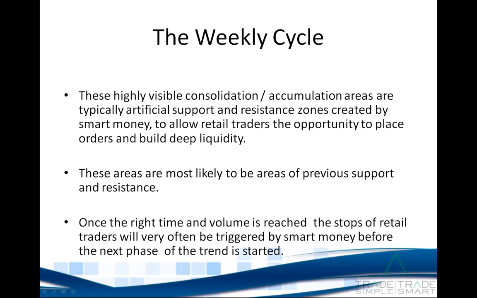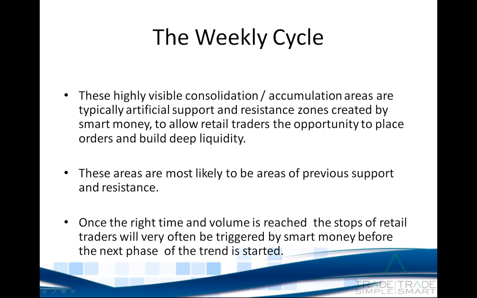And we've looked at several examples of this. Now, these areas are most likely to be areas of previous support and resistance. And when we get to our section on identifying manipulation levels, we're going to take a look at how we identify manipulation levels and how a current day's manipulation level will generally line up with previous support and resistance.